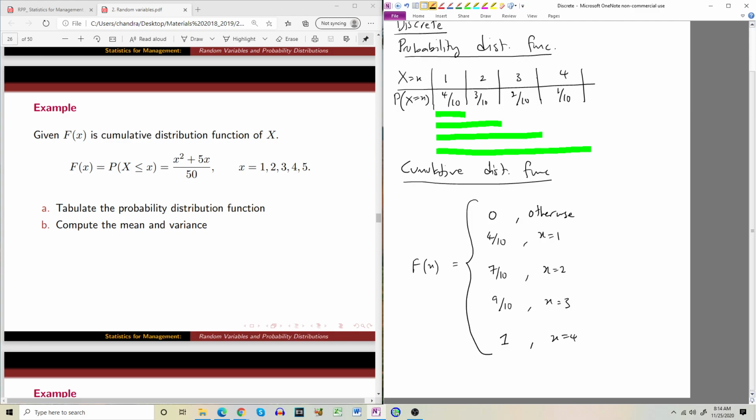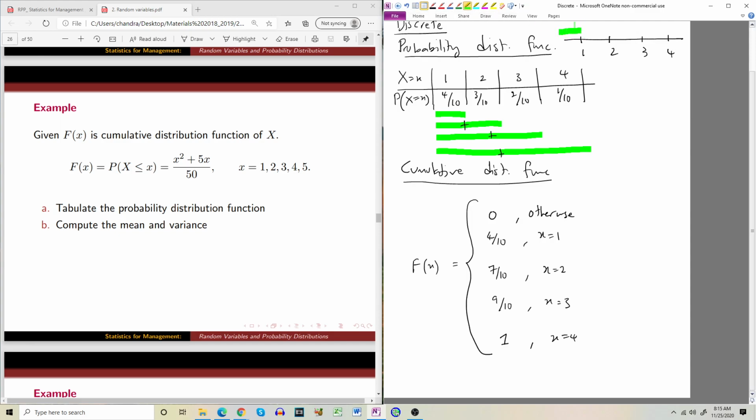Okay, now this summation, next time you just imagine like this. There's a number here 1, 2, 3, 4, isn't it? So how to find the cumulative function?